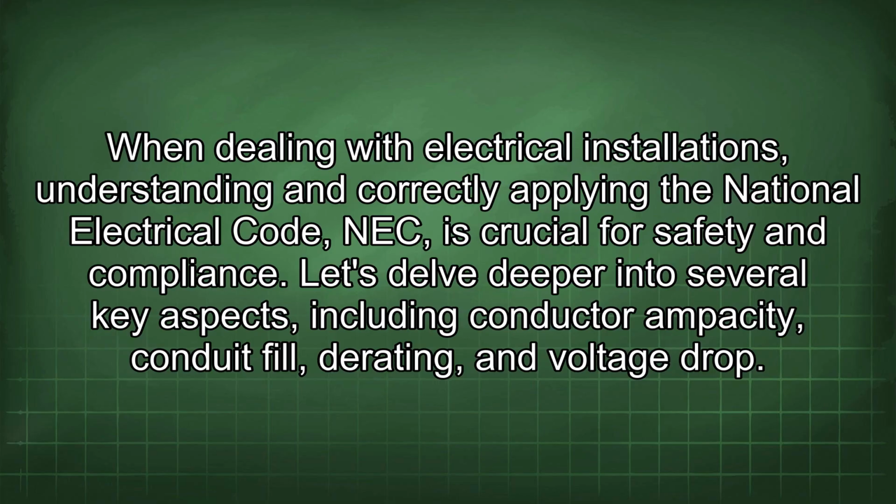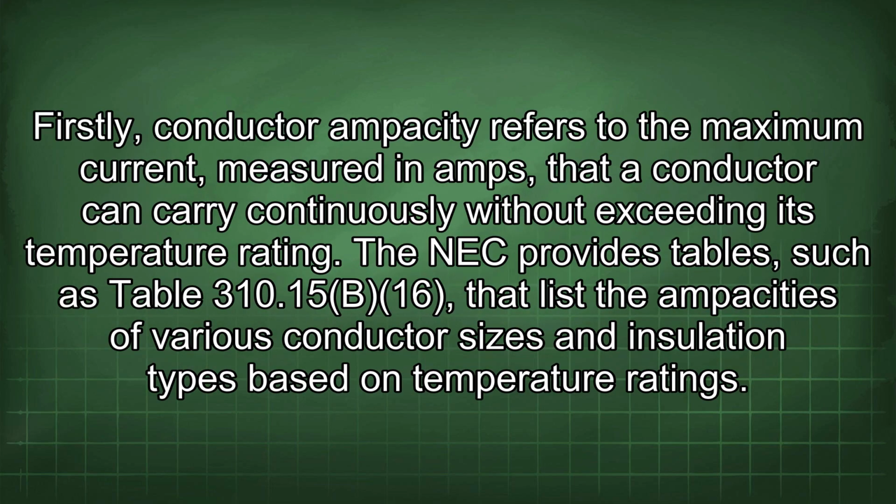When dealing with electrical installations, understanding and correctly applying the National Electrical Code, NEC, is crucial for safety and compliance. Let's delve deeper into several key aspects, including conductor ampacity, conduit fill, derating, and voltage drop. Firstly, conductor ampacity refers to the maximum current, measured in amps, that a conductor can carry continuously without exceeding its temperature rating.